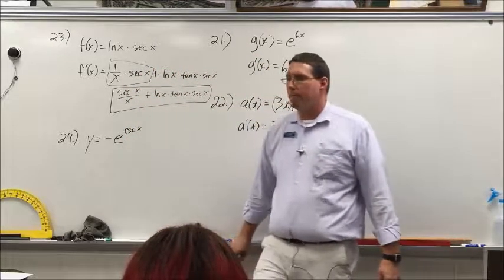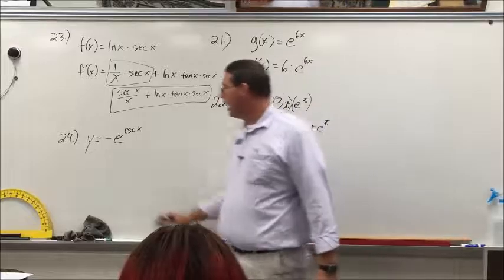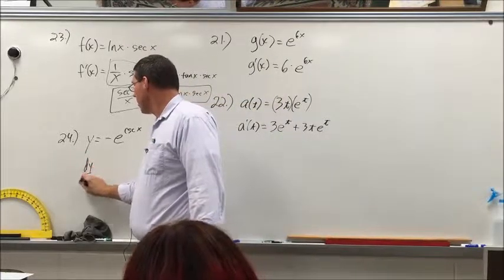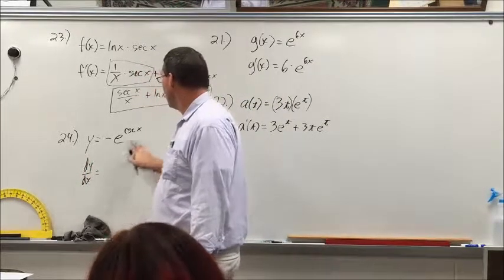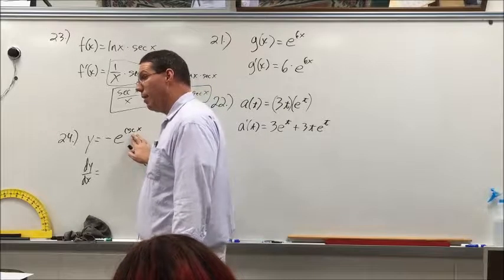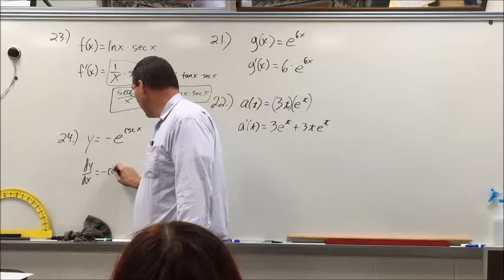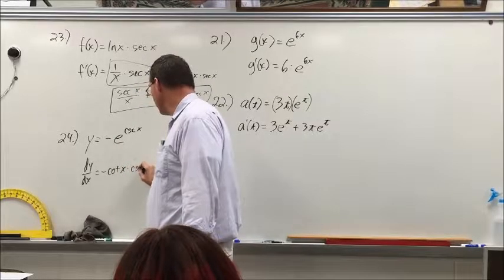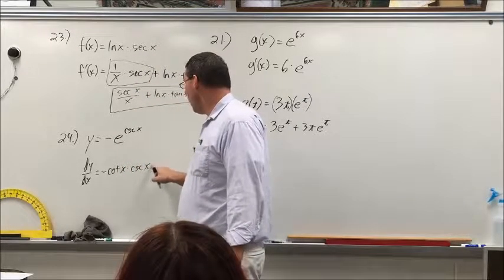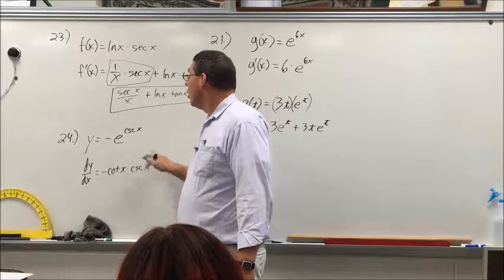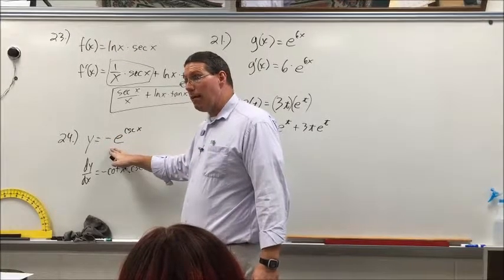What function are we looking at here? This is a chain rule, right? So dy/dx is going to be the derivative of the inside, which is negative cotangent cosecant, times negative e, right?